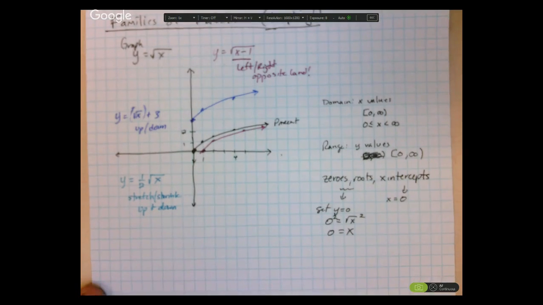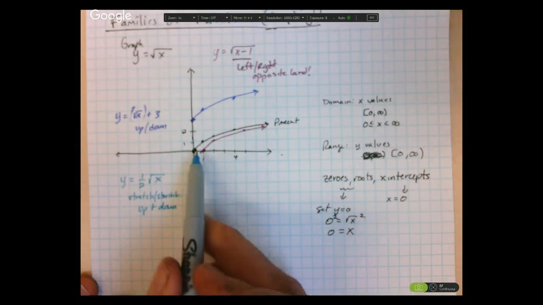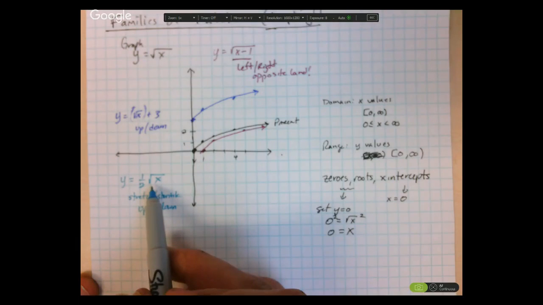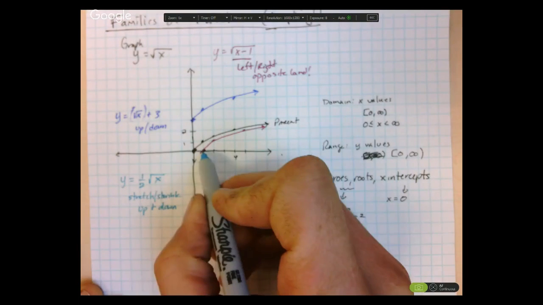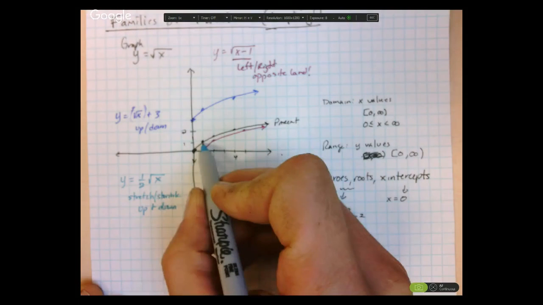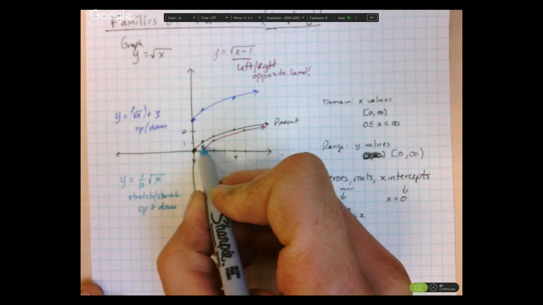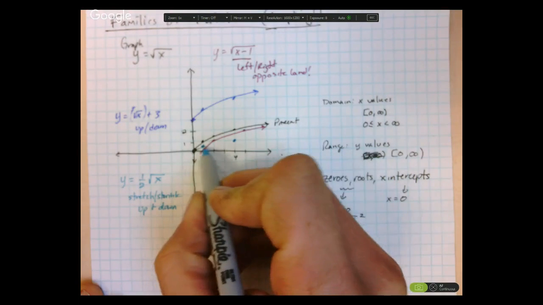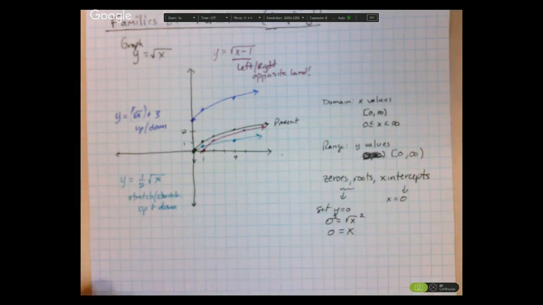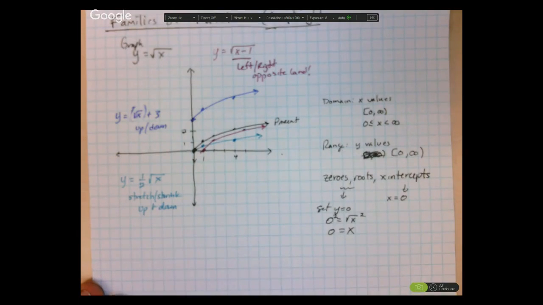Okay. The x-intercepts will stay the same, but we're basically cutting this in half. So here, for example, at 1, the square root of 1 is 1, but times 1/2, so we're going to bring it down. Square root of 4 is 2, times 1/2 is 1. Okay.